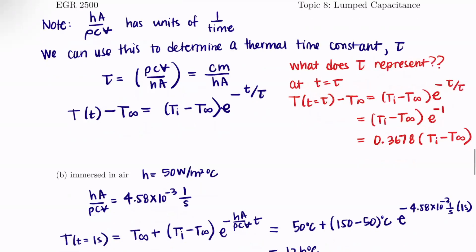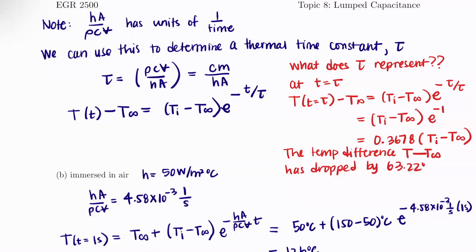So what this means is that the temperature difference T minus T infinity has dropped by 63.22% relative to the initial temperature difference.